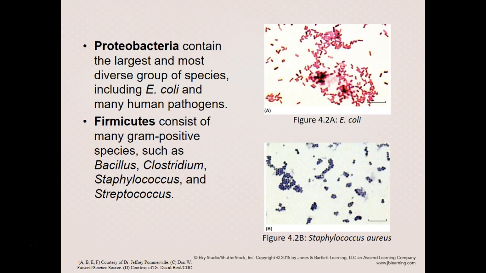In our lab, the majority of the organisms that we deal with that are gram-positive are firmicutes. So we will work with Staphylococcus, we will work with Enterococcus, which is very closely related to Streptococcus. We play with Bacillus. These are all firmicutes.